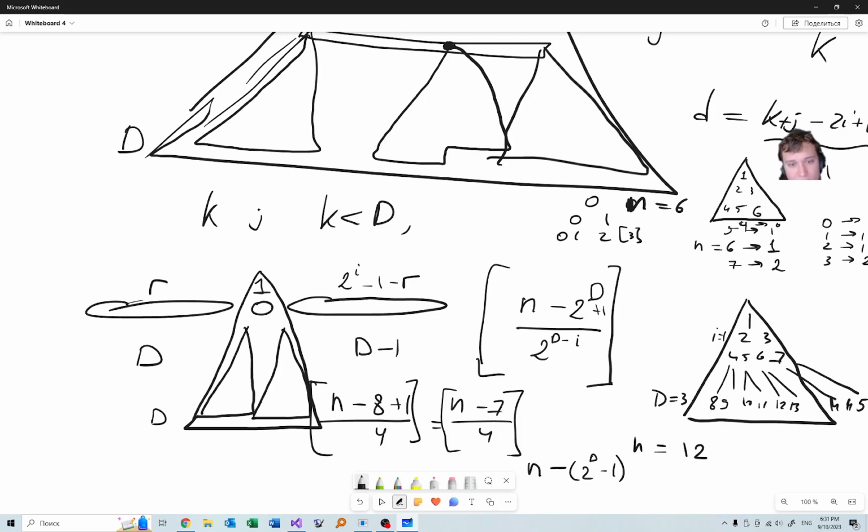We get the total number of bottom vertices. And then we need to also subtract r times 2 to d minus I. Okay, this is really doable.